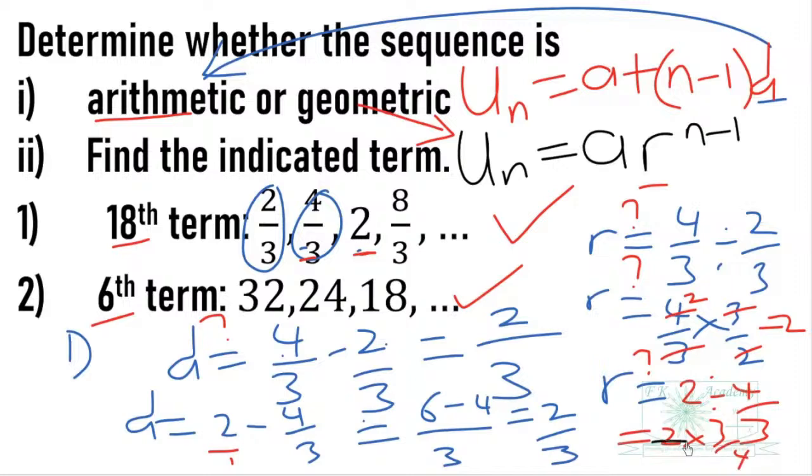So 2 goes into itself once, 2 goes into 4 two times. So we have 3 over 2. So you can see that we don't have a common ratio. So it means the sequence here is arithmetic because we have a common difference. The difference here is common to the one here.